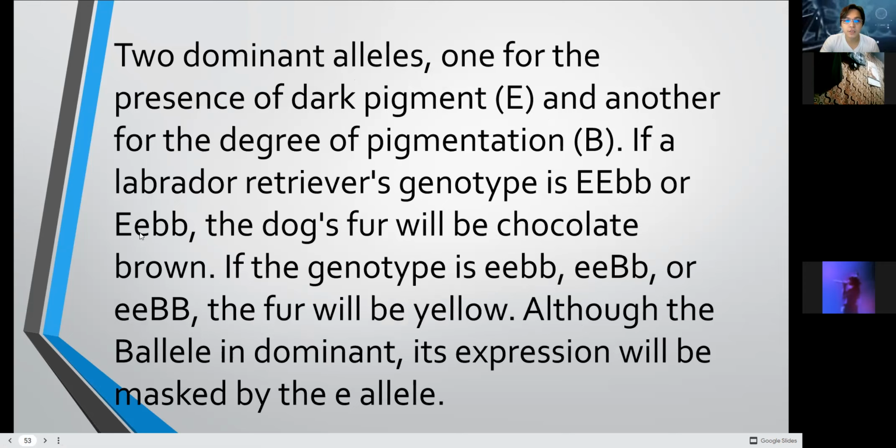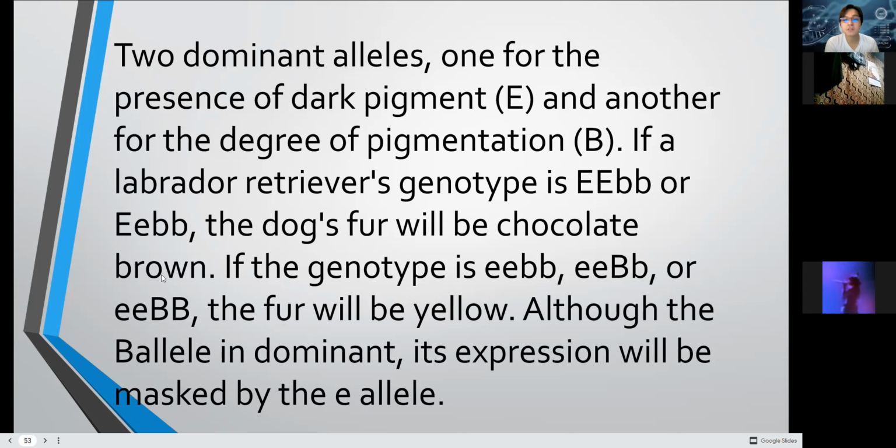Or EB, meaning this is heterozygous. By the way, this is homozygous and homozygous, and heterozygous and homozygous. The dog's fur will be chocolate brown. See? Because there is a light pigmentation and a dark pigmentation.